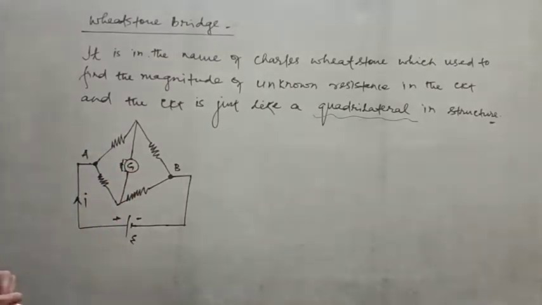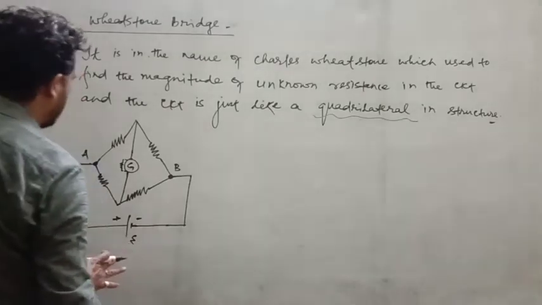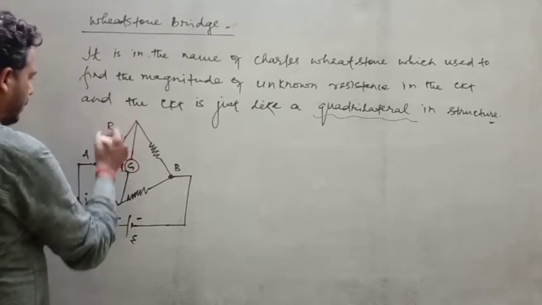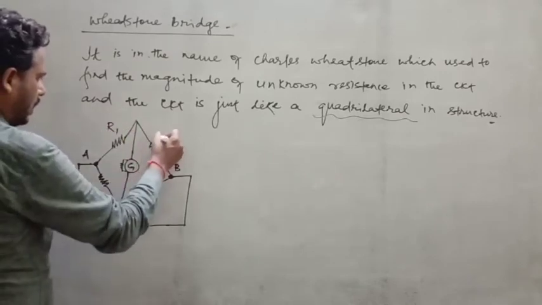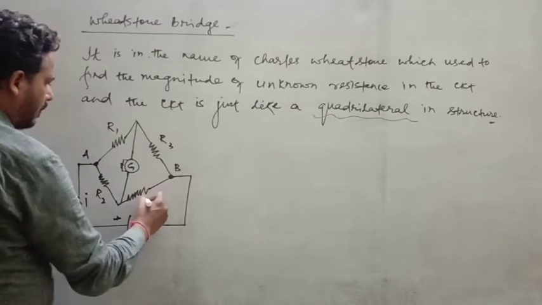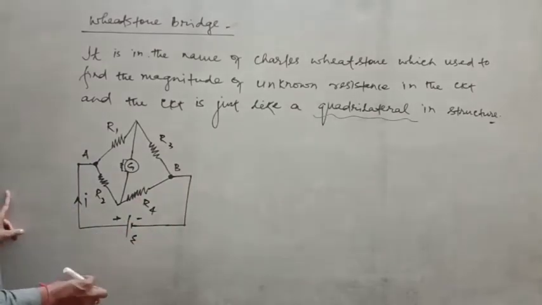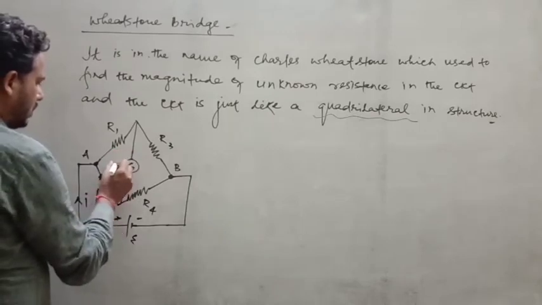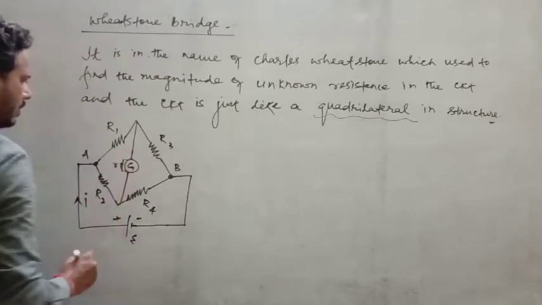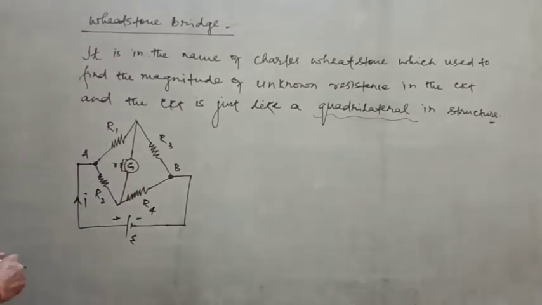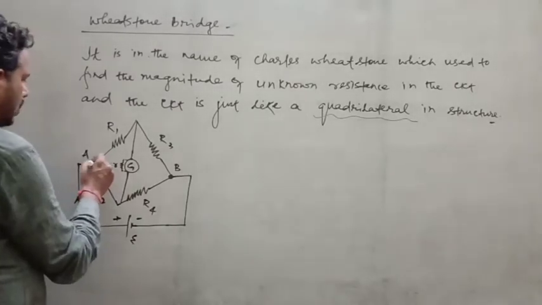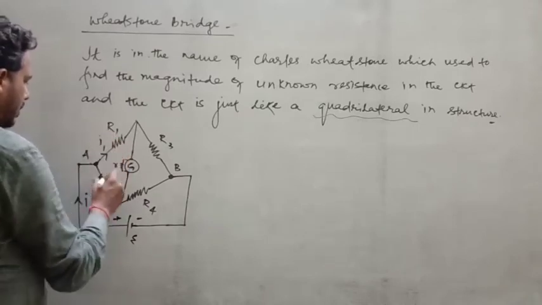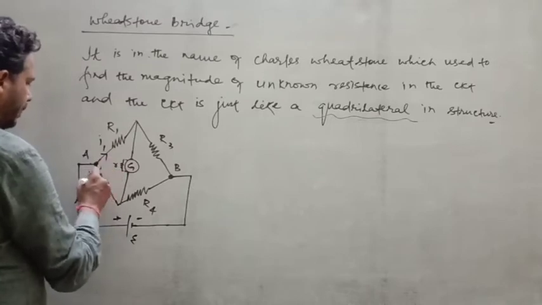Suppose this one is R1, this one is R2, R3 and R4 are the resistances, and suppose its internal resistance is small r. At this junction or node, the current will divide into I1 and I2.